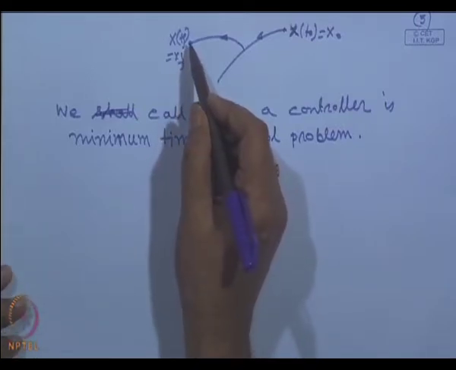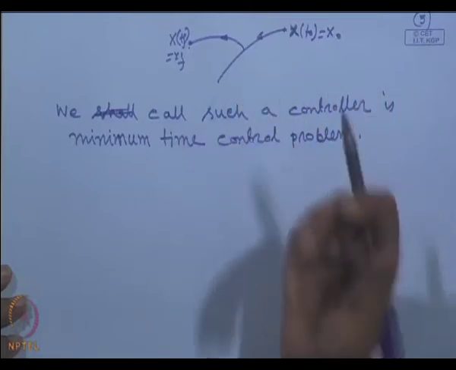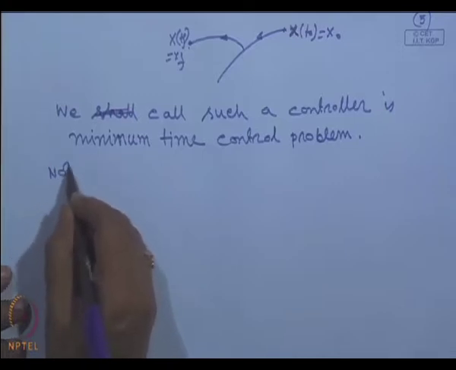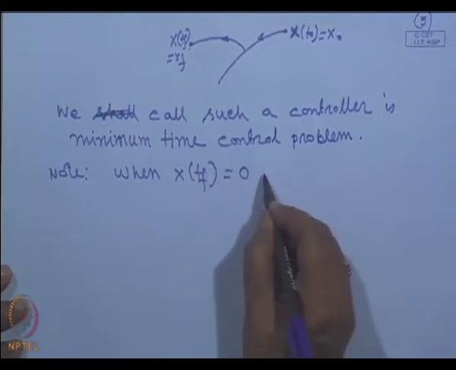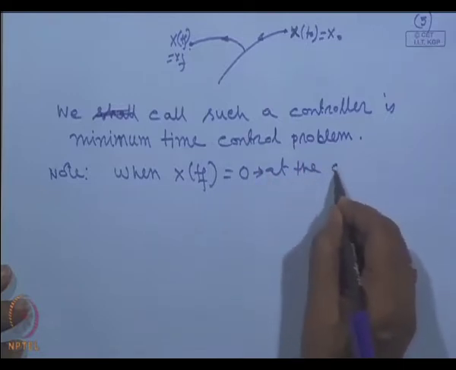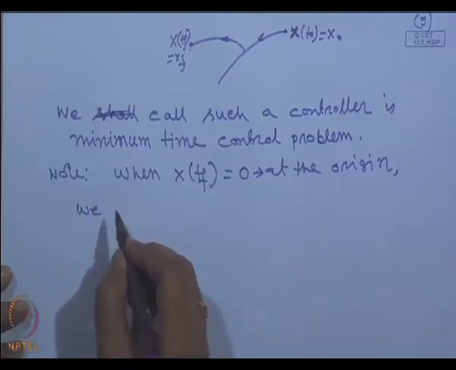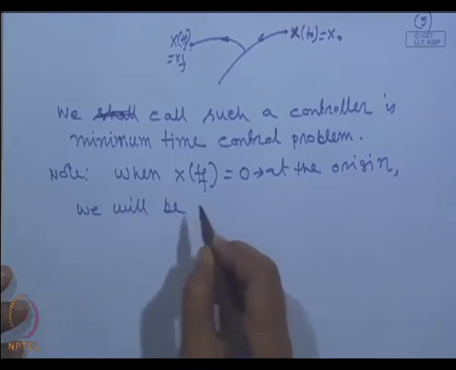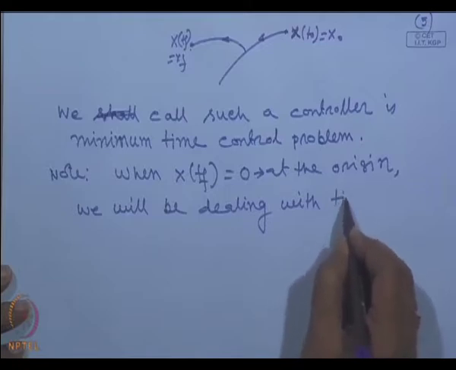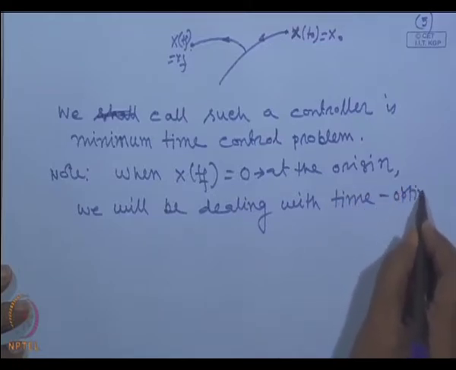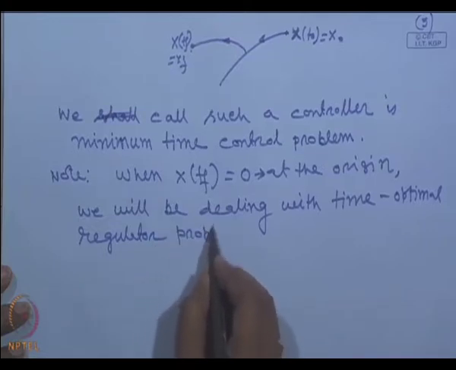If the final state is terminating at the origin, that is, when x of t f is equal to 0, at the origin of the state, then this problem is called the time optimal regulator problem, and we will be dealing with time optimal regulator systems.